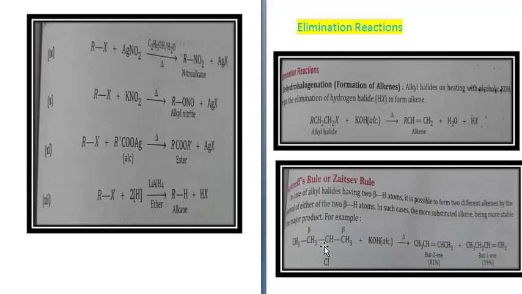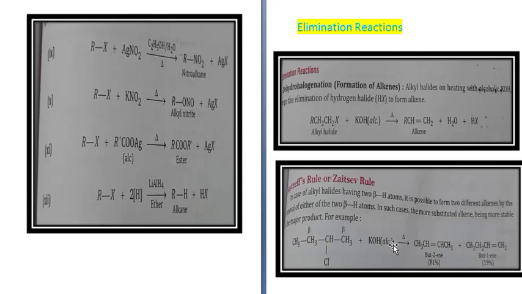In case of alkyl halides which have 2 beta hydrogen atoms, like in case of butyl chloride, if the halogen is attached to the second carbon, it has a beta carbon here also and a beta carbon here also. This carbon is attached to hydrogen, this carbon is also attached to hydrogen, so the hydrogen atom can be removed from either of the 2 carbons.